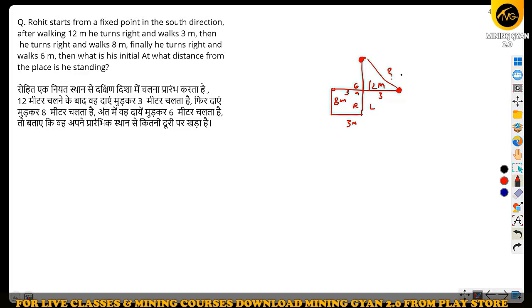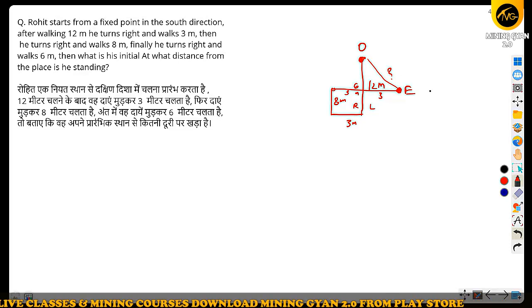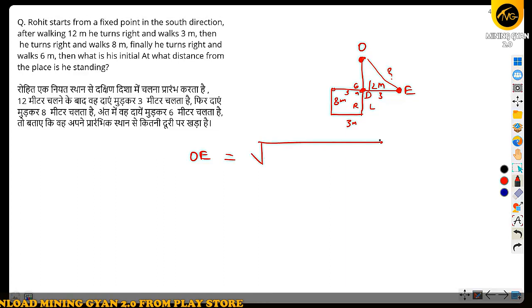Suppose this is O, that is origin, and this is E point, samjho, and this one is D. Now OE is the hypotenuse, root over OD, that is perpendicular, OD square, plus DE, that is base.